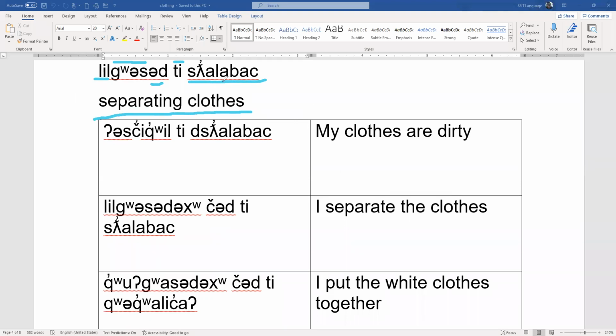Now you can have the D suffix here if you really want to. You're just separating your clothes, my dirty clothes. But this only works if you live by yourself and you do your own laundry. If you live with somebody else, you're going to have to drop the D suffix and just say skalabats.